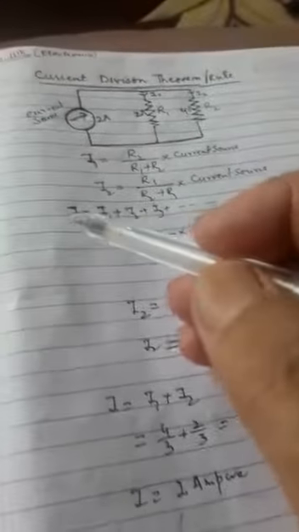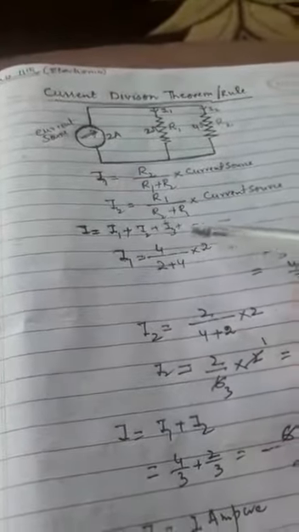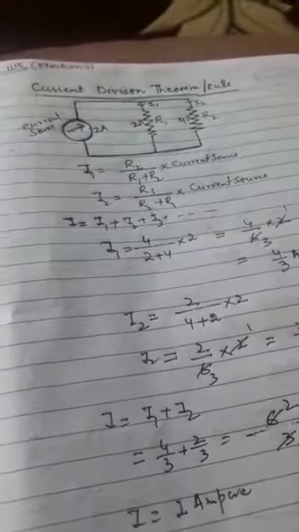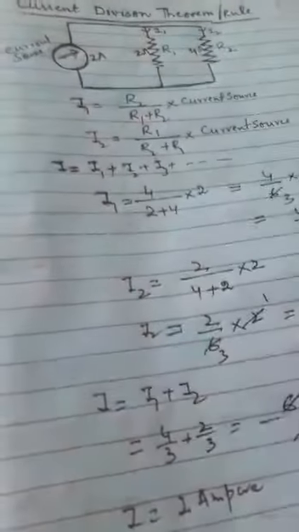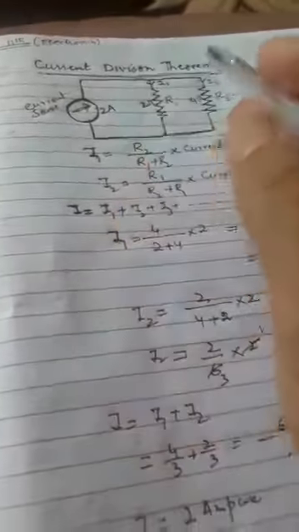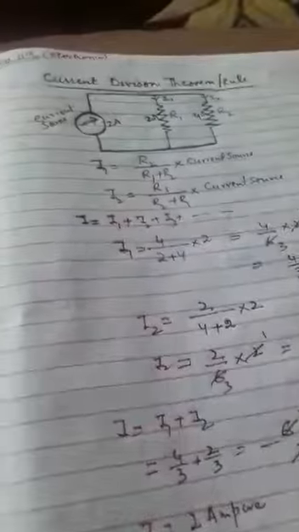So this is the rule, how you are dividing the current, how you are bifurcating the current. That is I is equal to I1 plus I2 plus I3, bifurcating the current when the current is given to a particular circuit. So this was your current division rule, or you can say theorem.